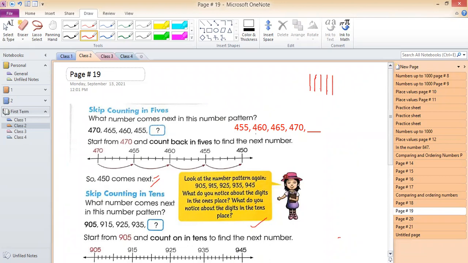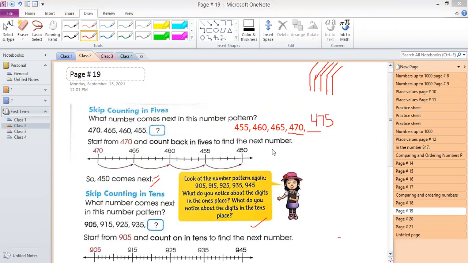So I found out after 455, this is 460. Identified the pattern. Now I need to write the missing number. After 470, what comes? 471, 472, 473, 474, and 475. So the answer will be 475. We are counting in 5s here. Clear, guys?